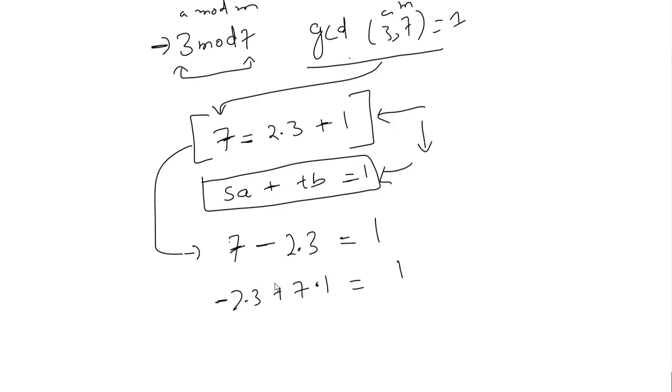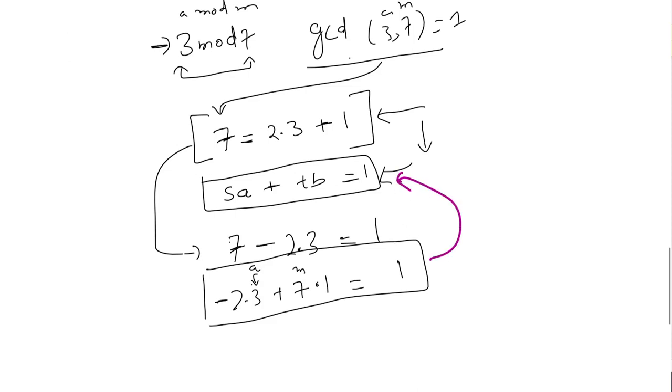So if you compare this entire thing with Bézout's equation, what you obtain is S is equal to minus 2 and T is equal to 1.